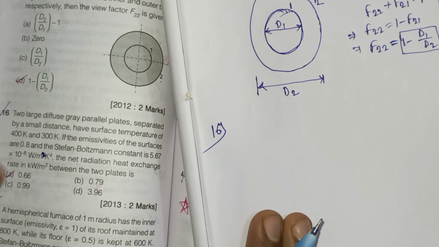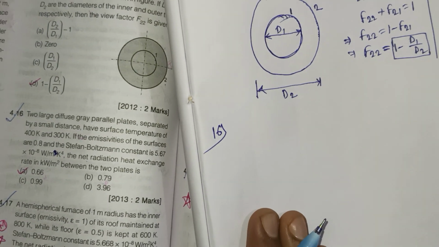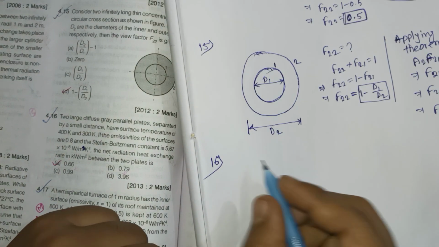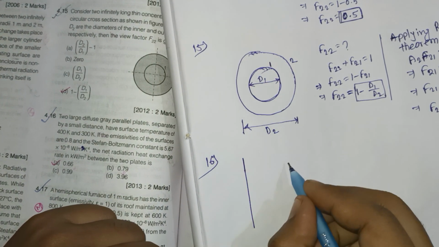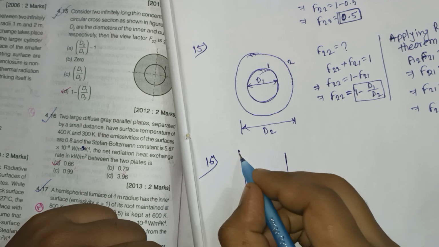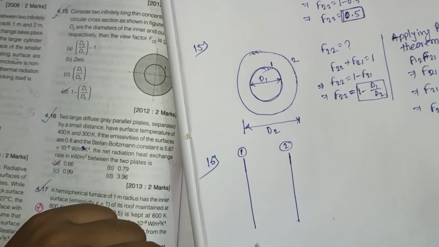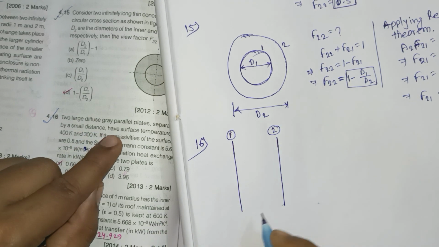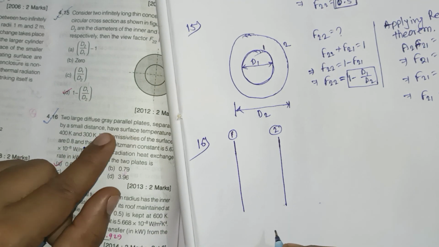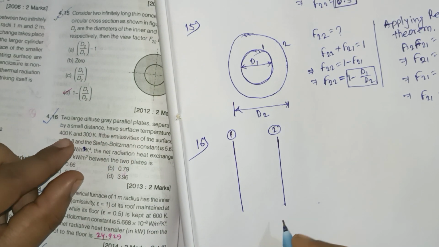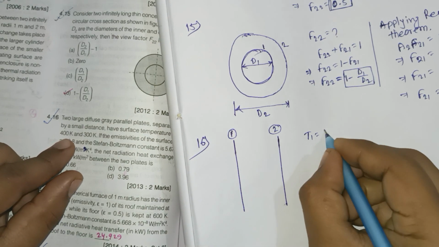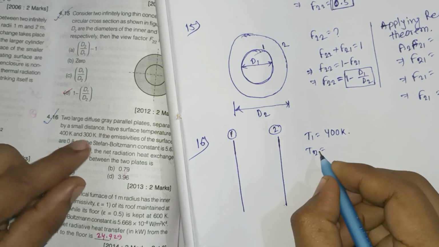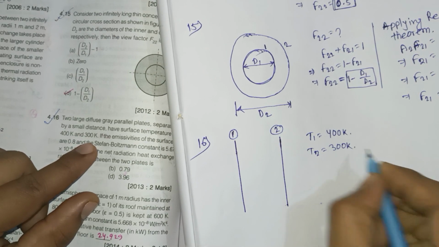So first of all, what is given in this question? There are two gray plates, this is plate 1 and this is plate 2, separated by a small distance. Suppose T1 is 400 Kelvin and T2 is 300 Kelvin.